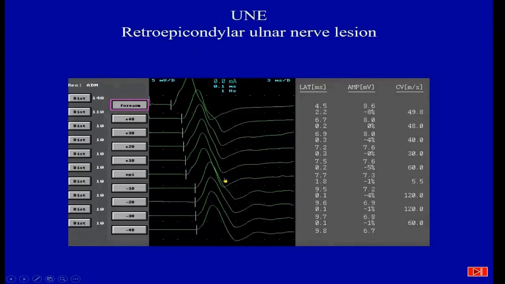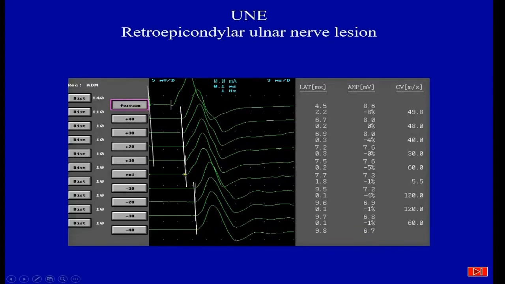Here we have a patient with a retroepicondylar lesion, where we have a good increasing latency below, and then all of a sudden a jump above. It's very good to make this line or take a piece of paper and see the jump. The slope of this line should be the same as the slope of this line.